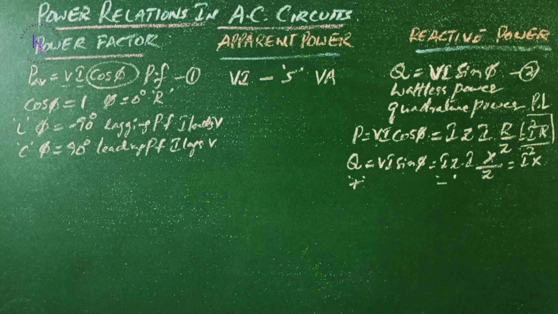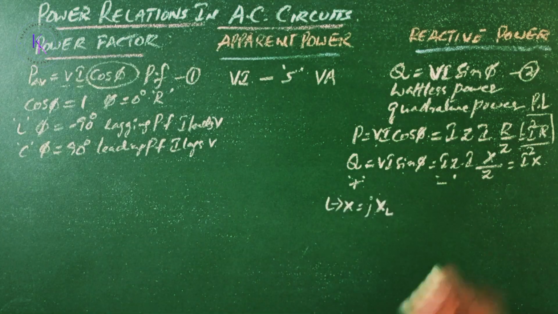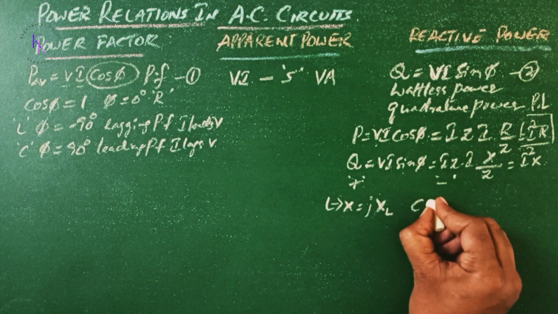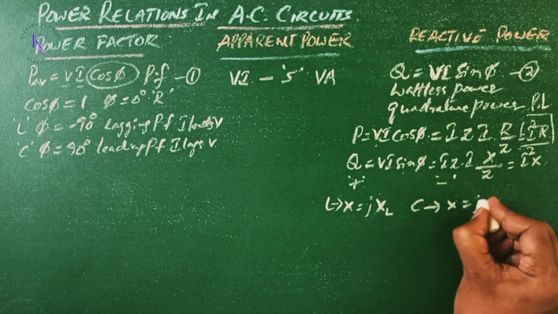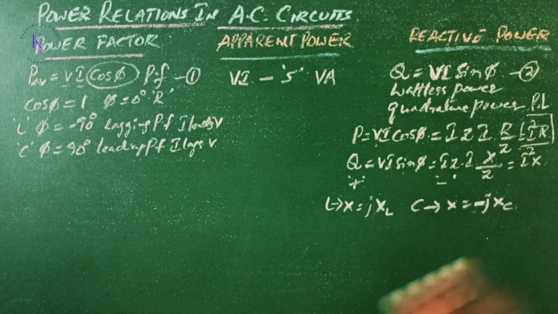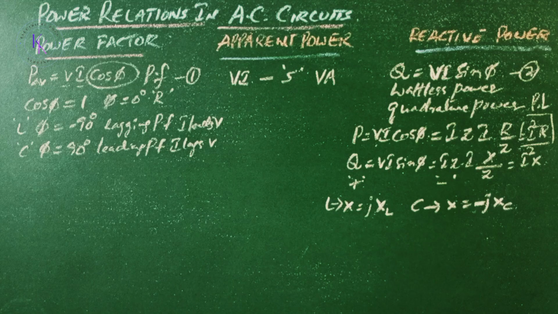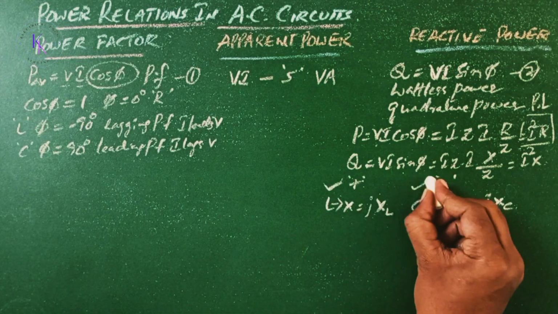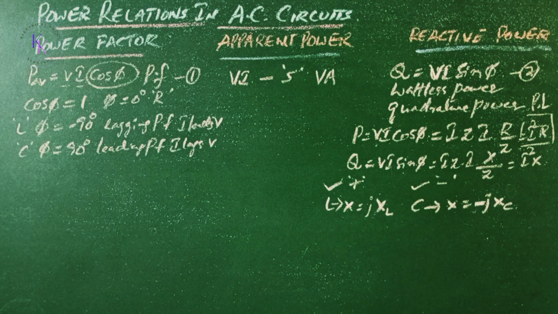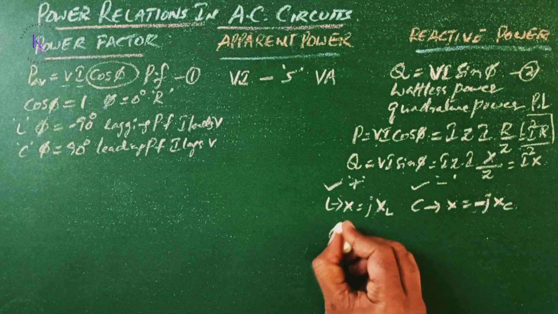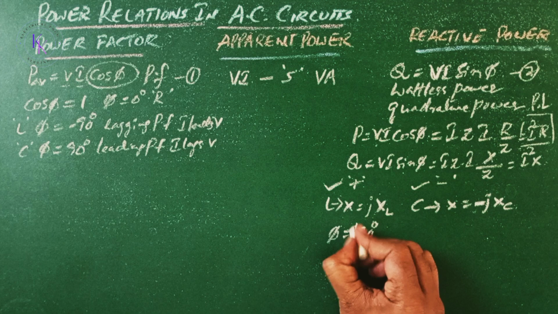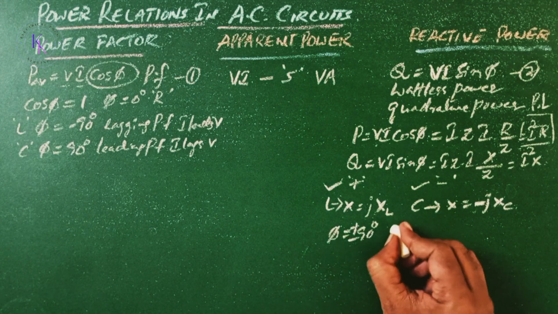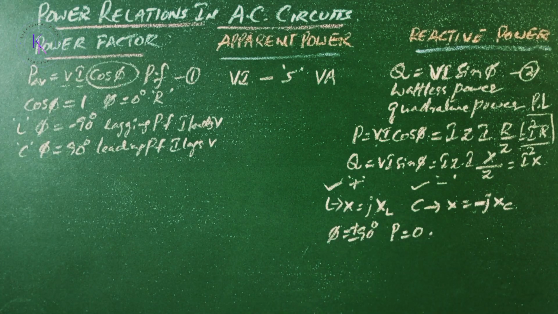For an inductor circuit, X is equivalent to jXL. For a capacitive circuit, X is equivalent to minus jXC. The reactive power Q for inductance is positive, while for capacitance it is negative. For pure inductance and capacitance, phi equals 90 degrees plus or minus, where P equals 0.